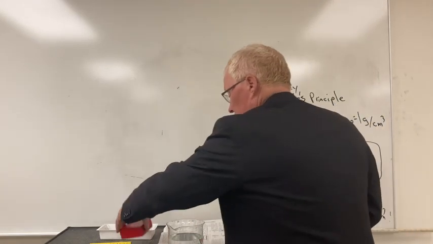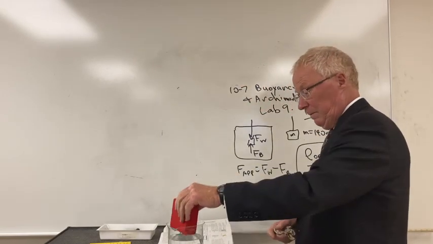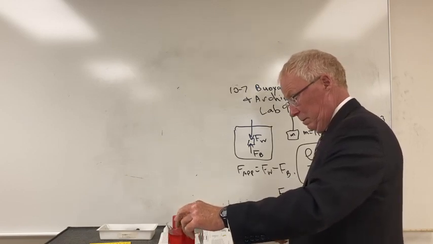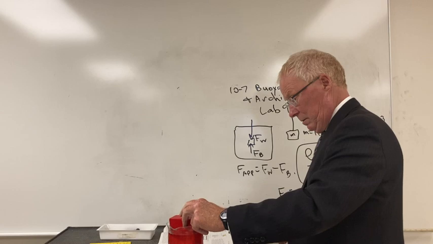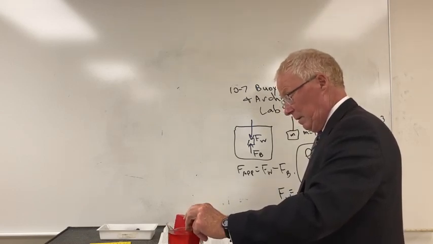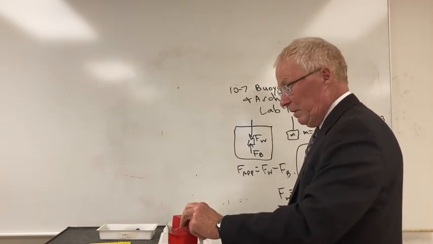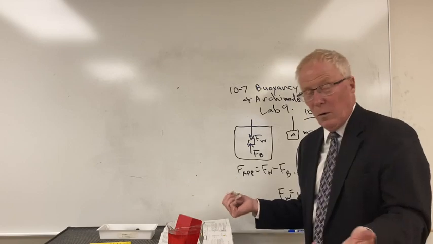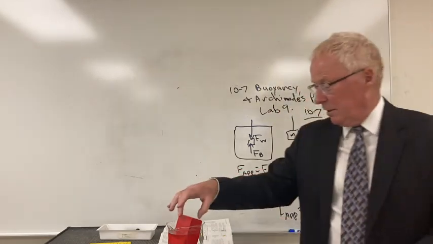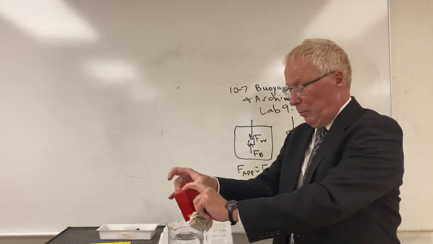In that case, let's do this block. This wood block floats. Not quite stable, but it floats. So the apparent weight in water would be 0, but it doesn't mean there's no density. In that case, we have to look at something different, and that is the height of the block.